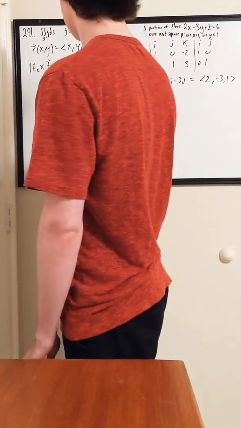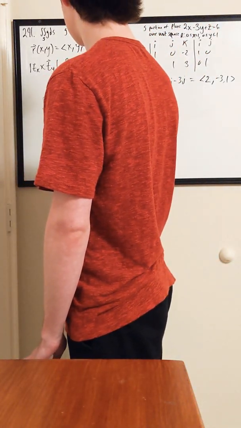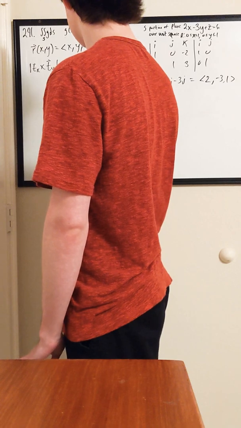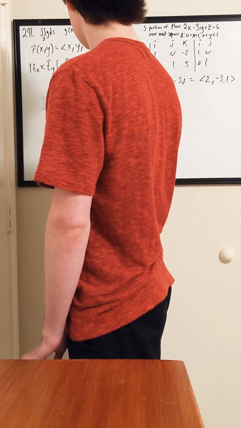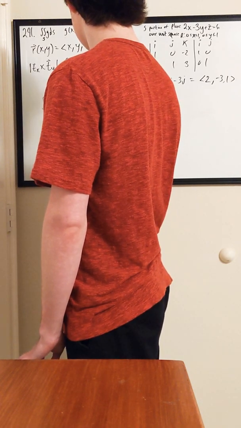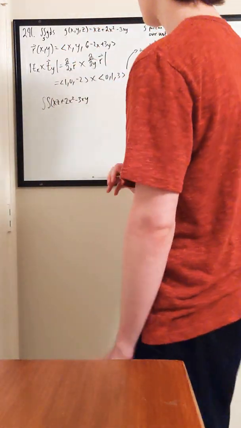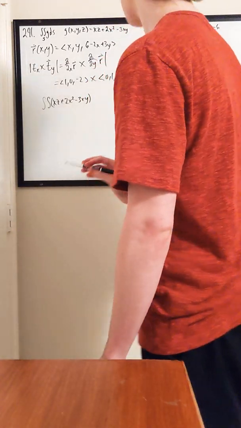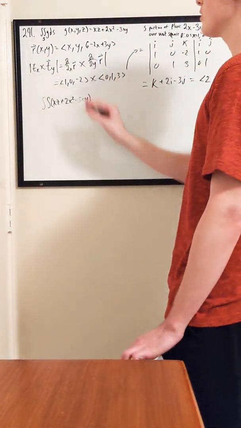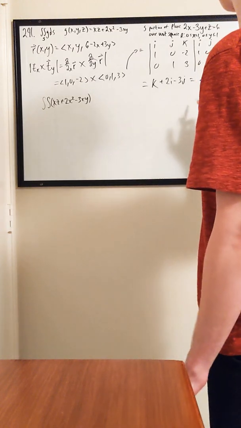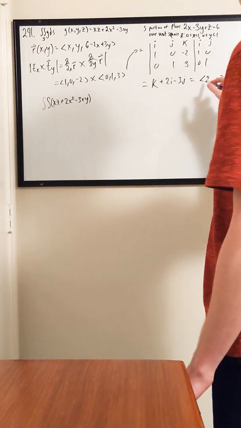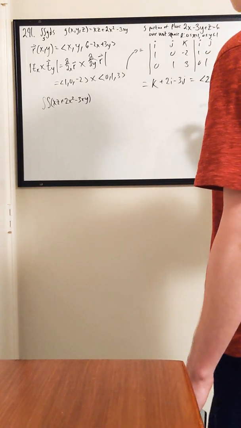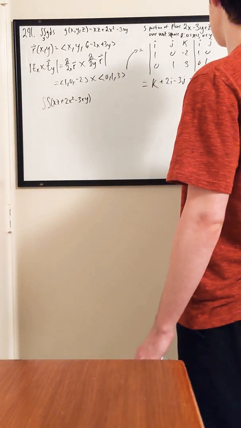So for the surface integral of g, you just input this function in here. Oh, and I forgot something, it's actually the magnitude of that. So if you were to square these and take the square root, there would be 4 plus 9 plus 1, so you would have the square root of 14.